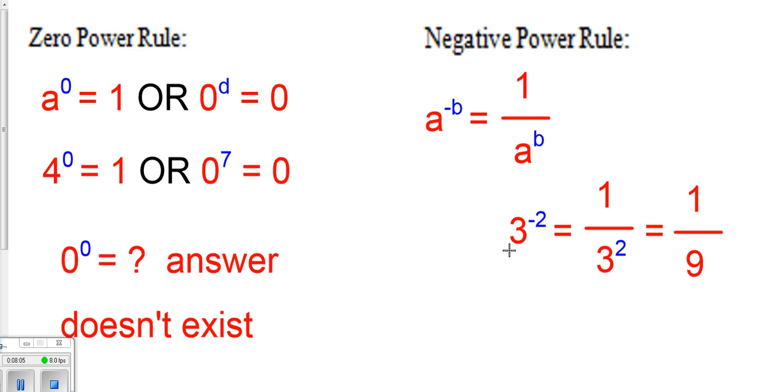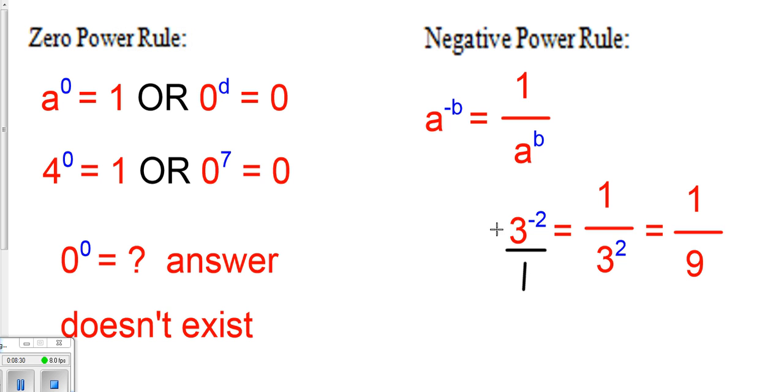And again, what I mean by flipping that is, think of this as 3 to the negative 2 over 1. The negative 2 means we're flipping these around. So we'd have 1 on top over 3 to the second power. It's not that this 1 moved up here. It's that this 3 to the negative 2 became 3 squared to the positive 2 on bottom.